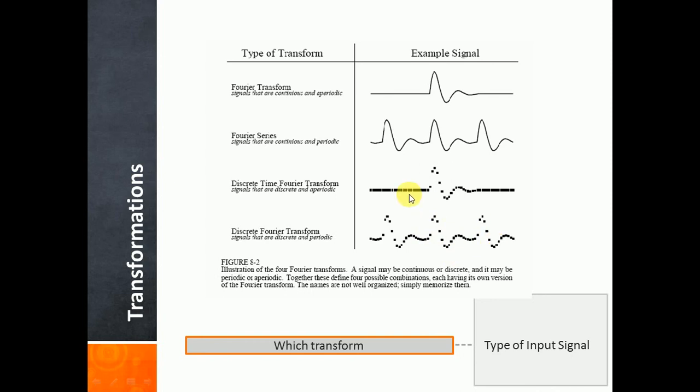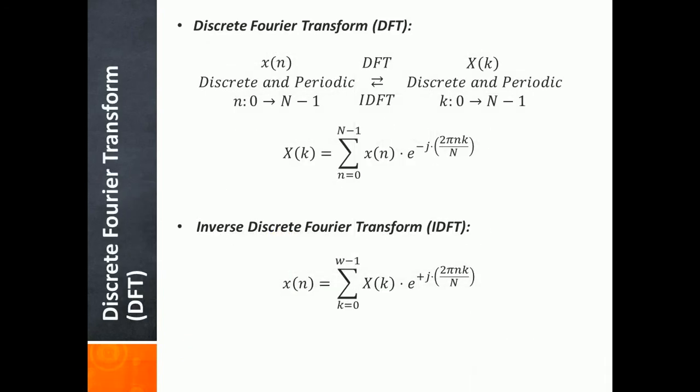The third case is, once you take the discrete time Fourier transform, your signal in frequency domain is periodic, where there is an angular frequency omega which ranges from 0 to 2 pi. In this case, the frequency transform is periodic, but the signal is no more continuous. It is discrete in nature. So, now that you understand what is discrete Fourier transform, this is the formula.